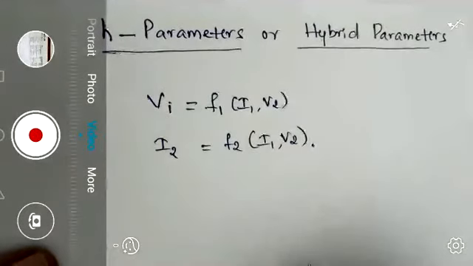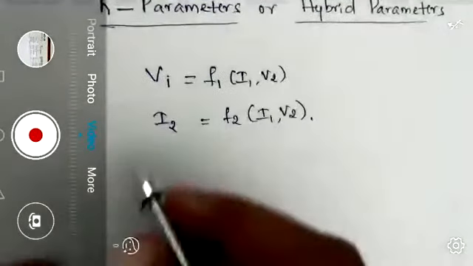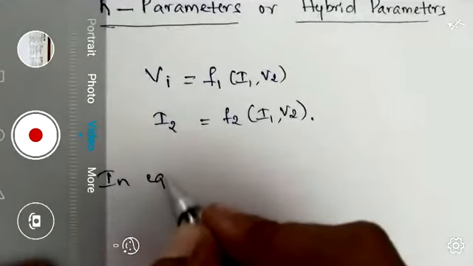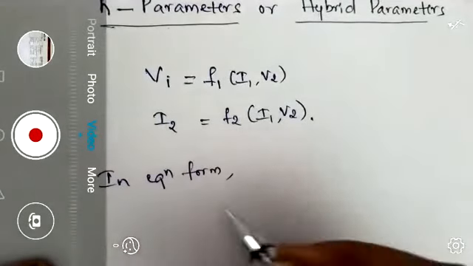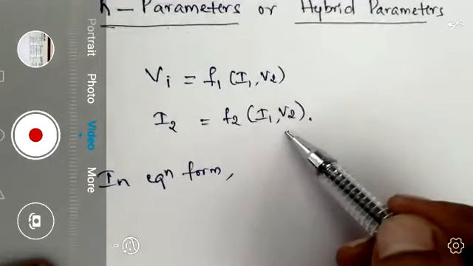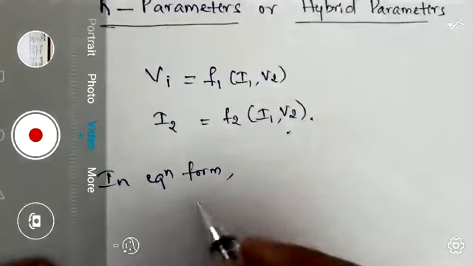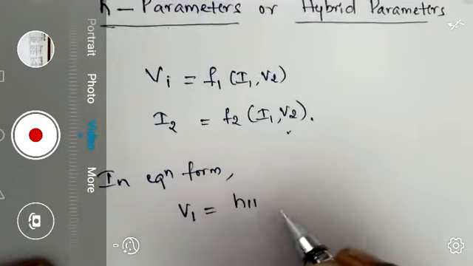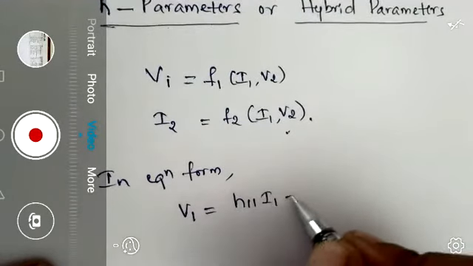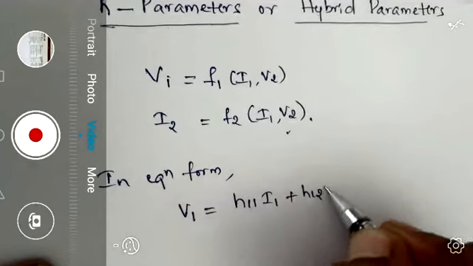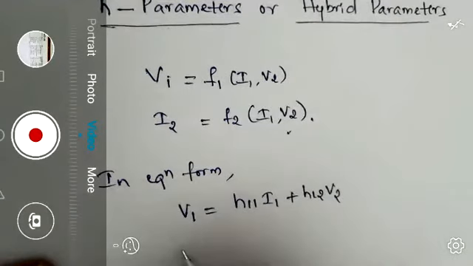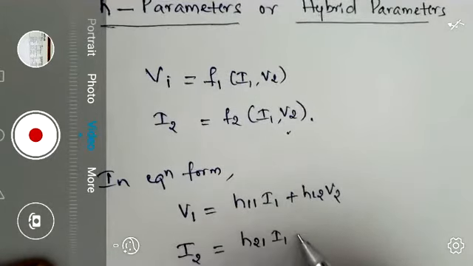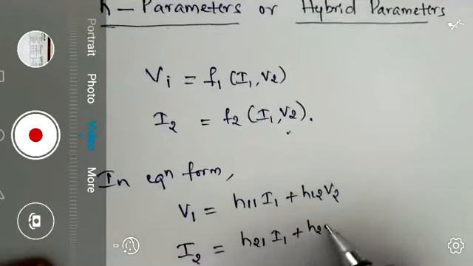In equation form, these two relations can be written as V1 equals H11 I1 plus H12 V2. The second dependent variable, I2, is equal to H21 I1 plus H22 V2.